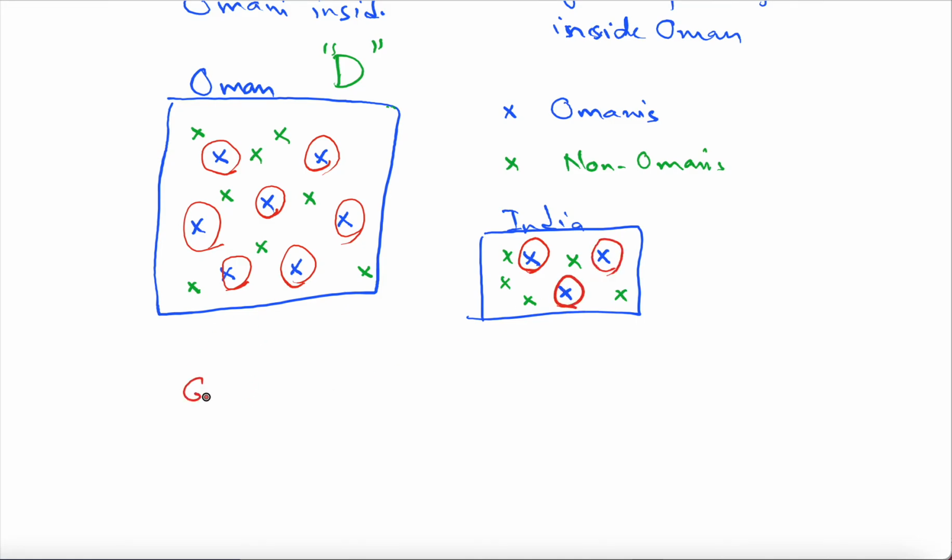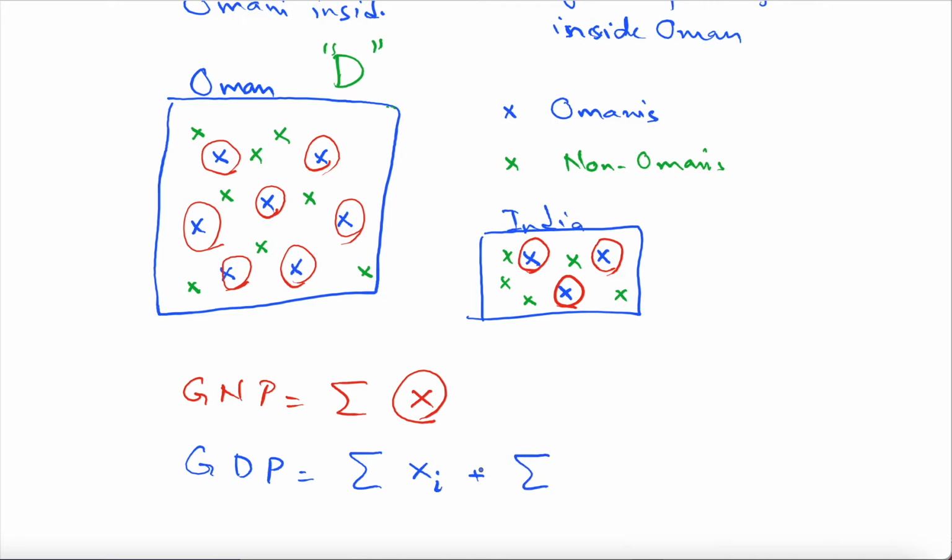So the GNP is the total of this X, which is inside and outside the country, whereas the GDP is the summation of X's inside plus the other color X's inside. So these are inside the country.